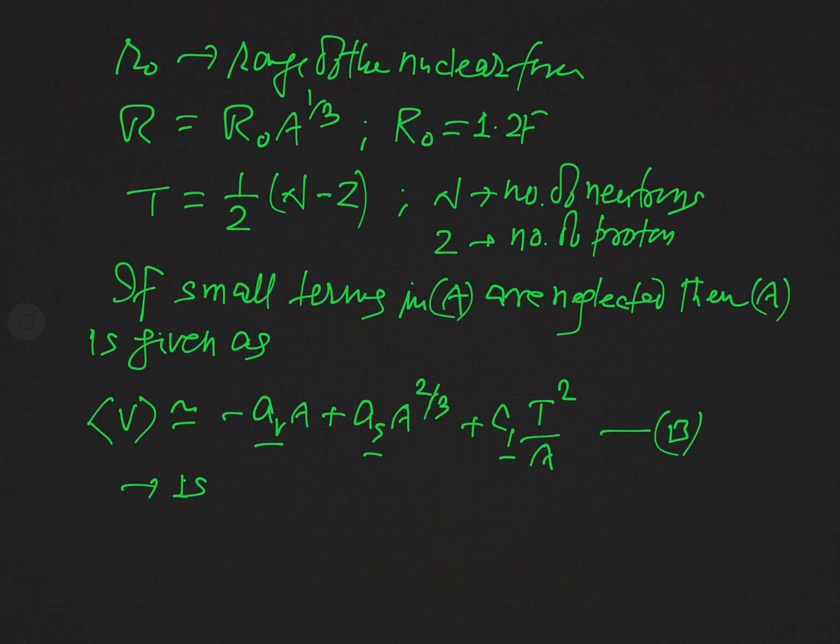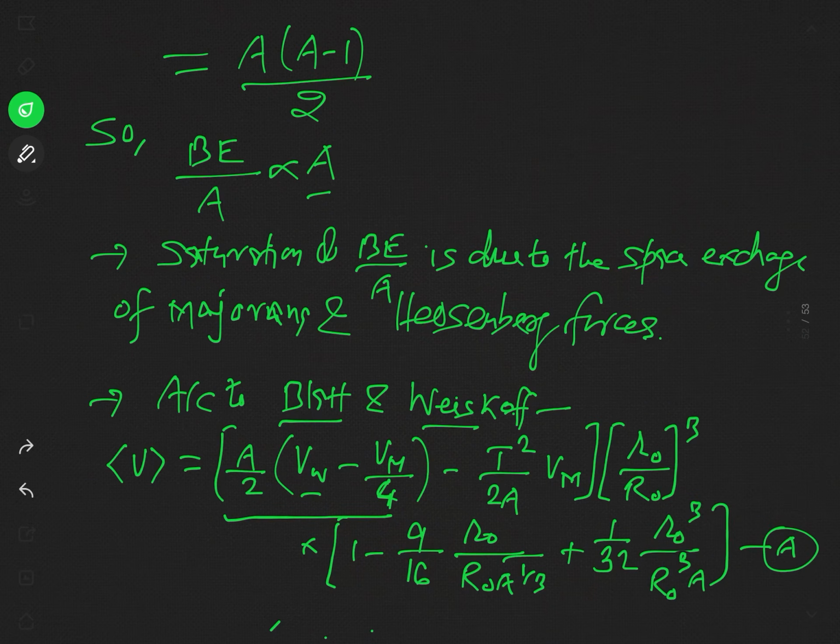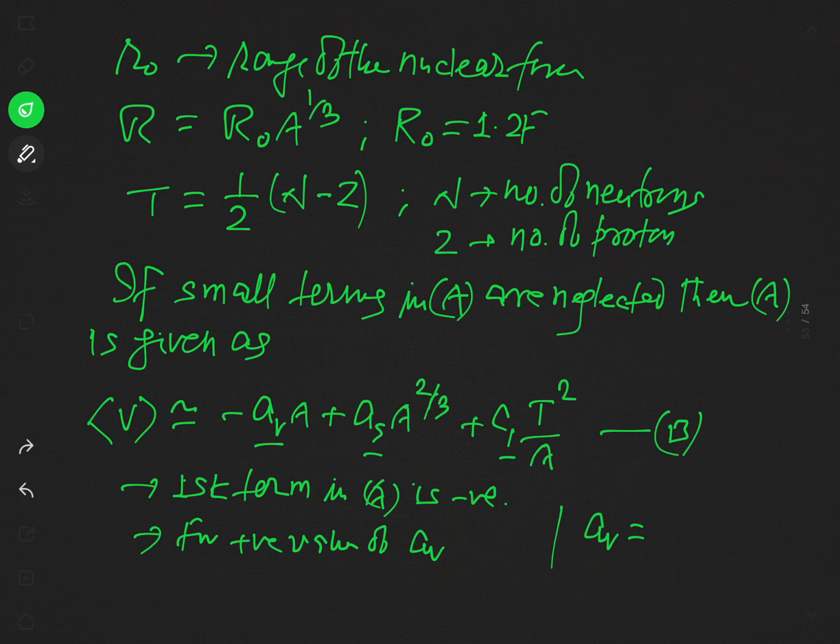So you can see the first term in A is negative, and for a positive value of AB, you can see that AB has been written in place of VW minus Vm by 4.